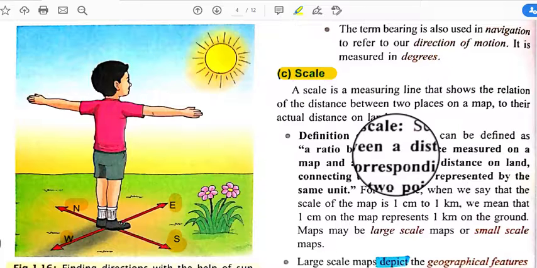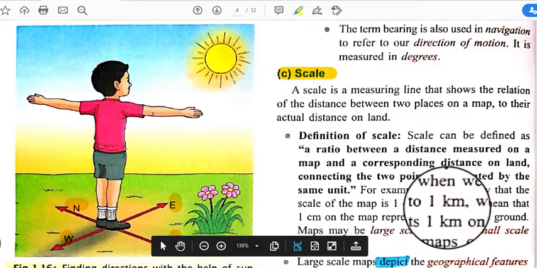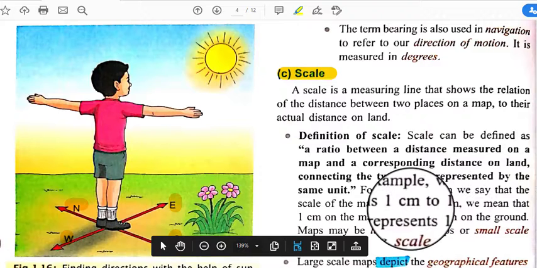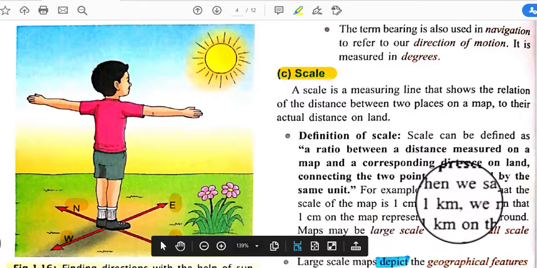So if we let the scale be 1 centimeter to 1 kilometer, then we draw a line of 20 centimeters, and this 20 centimeters will represent the 20 kilometers, because I selected the scale of 1 centimeter to 1 kilometer. That means every 1 centimeter represents 1 kilometer.